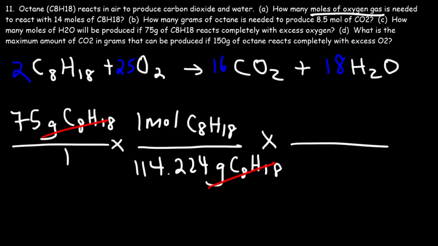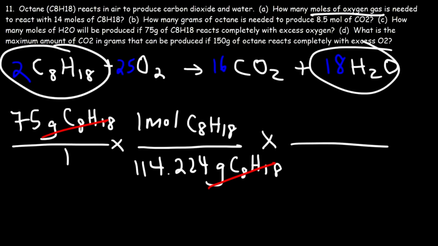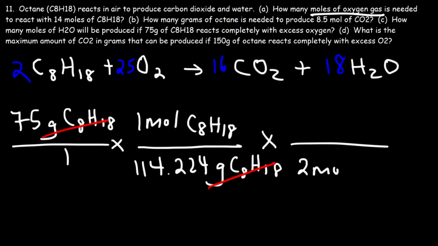Now our next step is to use the molar ratio. So the molar ratio between octane and water is 2 to 18. So we could say that for every 2 moles of octane that reacts, 18 moles of water will be produced.